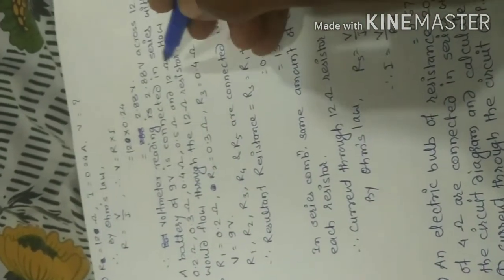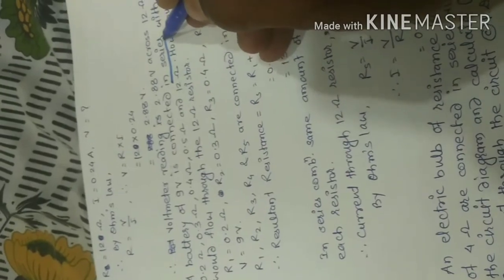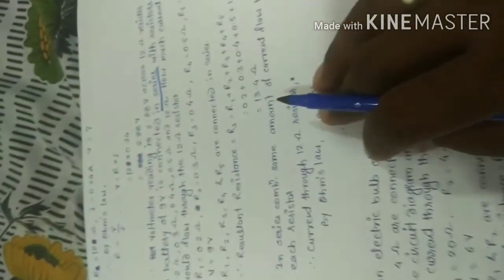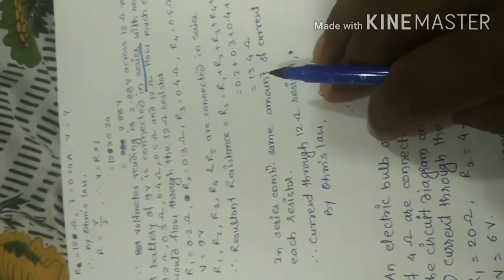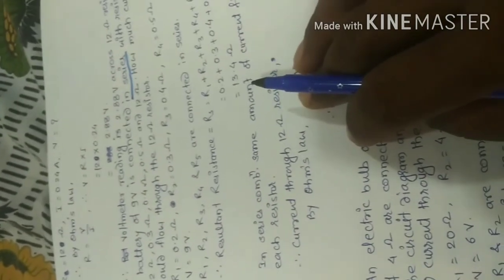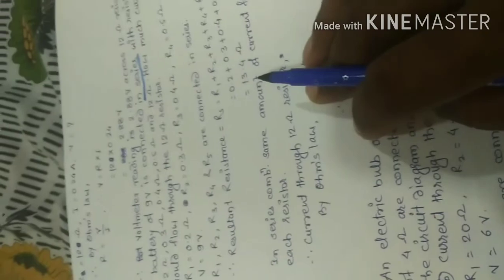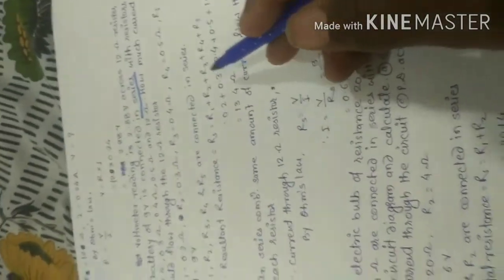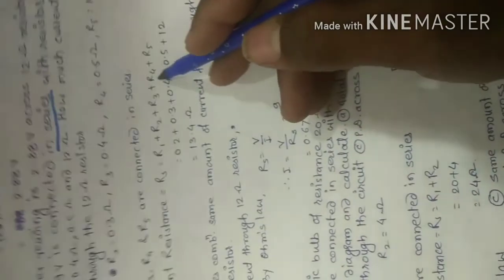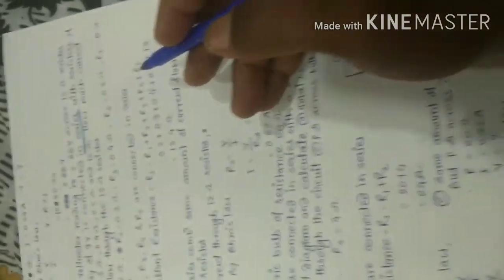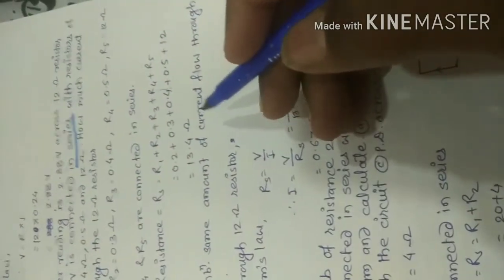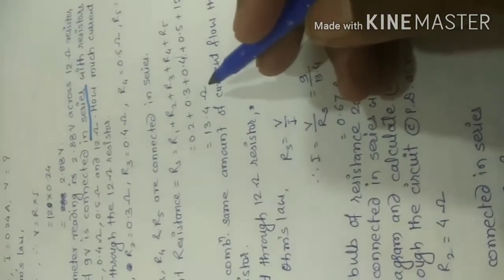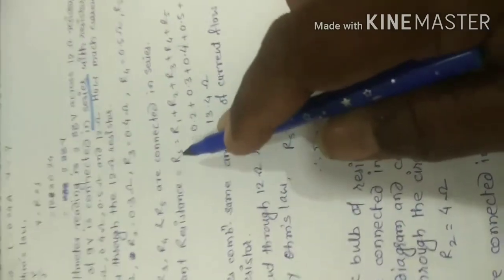All are connected in series, so first we have to find the total resistance RS. The formula is R1 plus R2 plus R3 plus R4 plus R5. Substitute the values and we get 13.4 ohm. This is the RS.